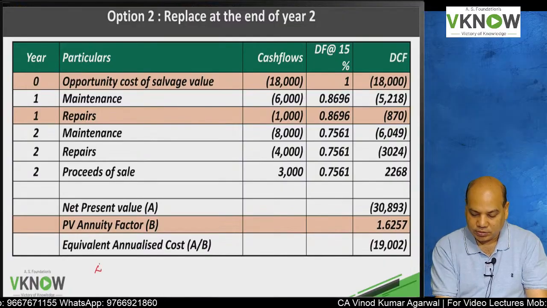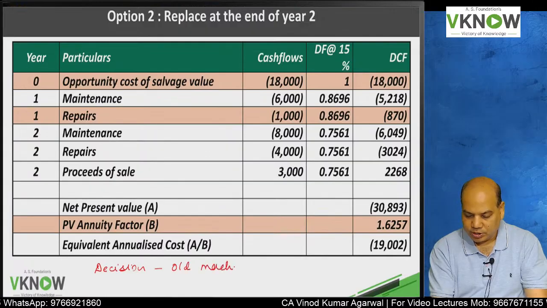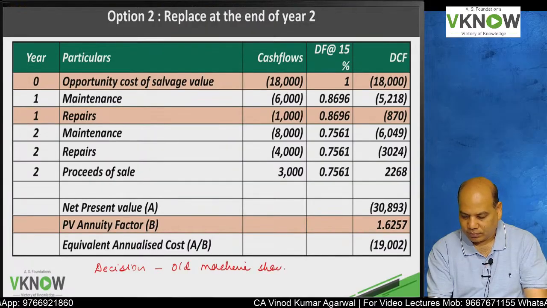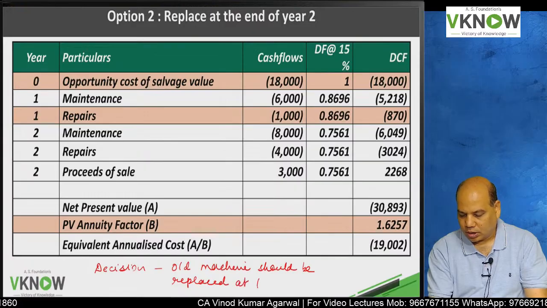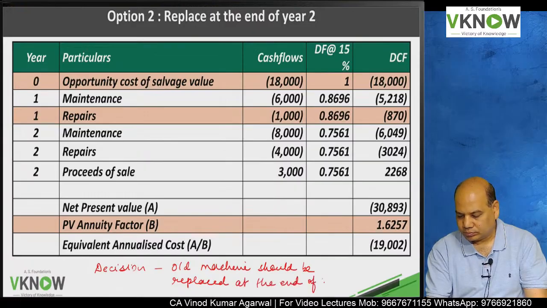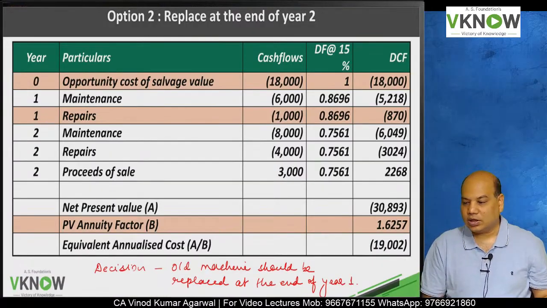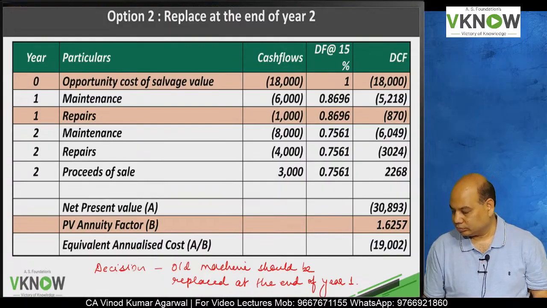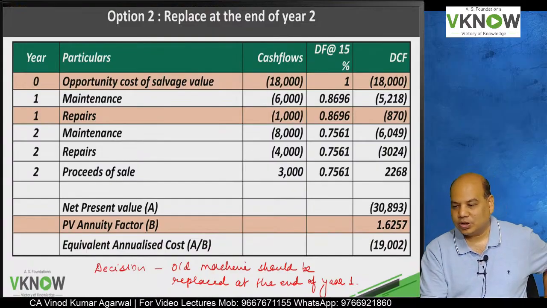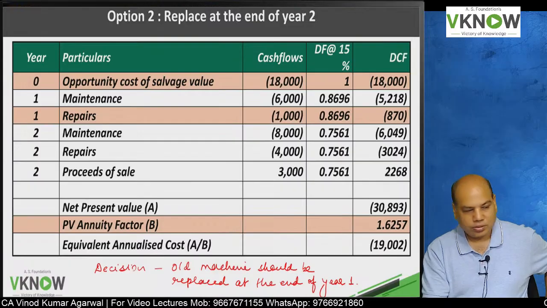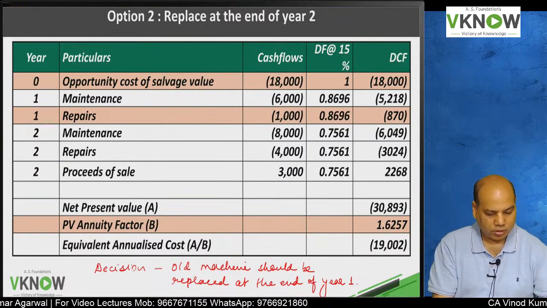Old machine should be replaced at the end of year 1, because EAC is lowest. Right?